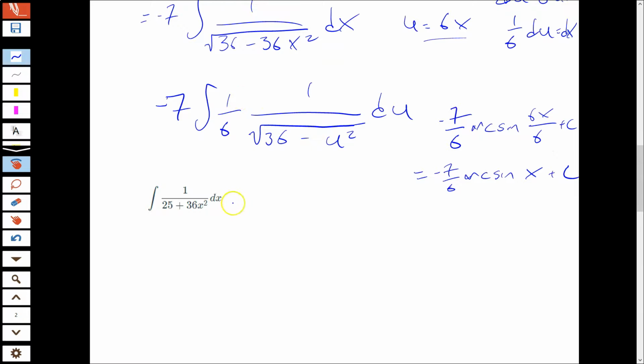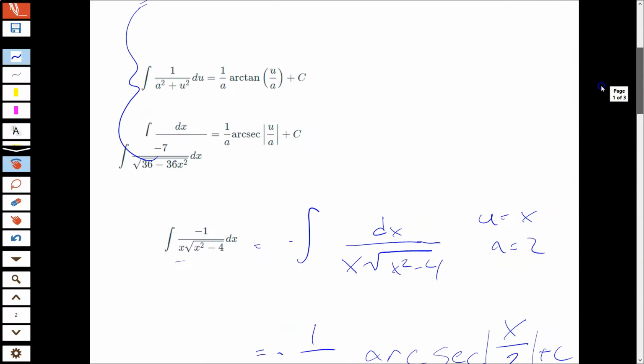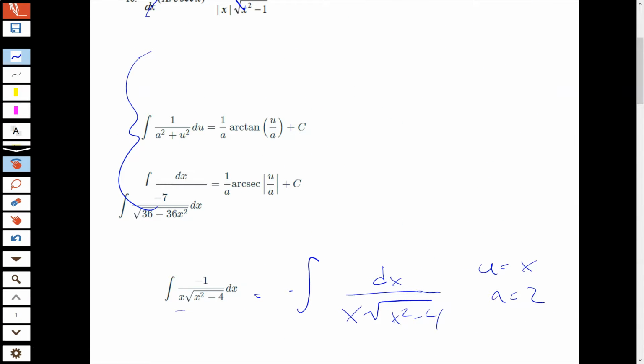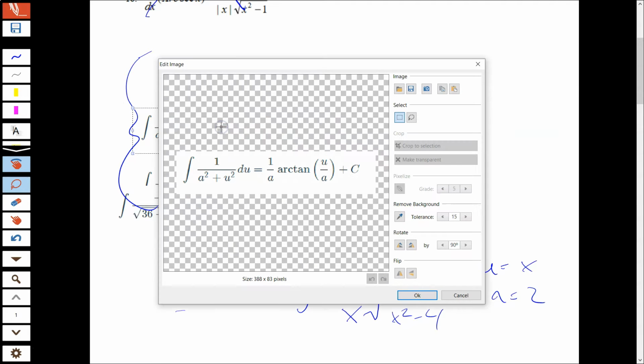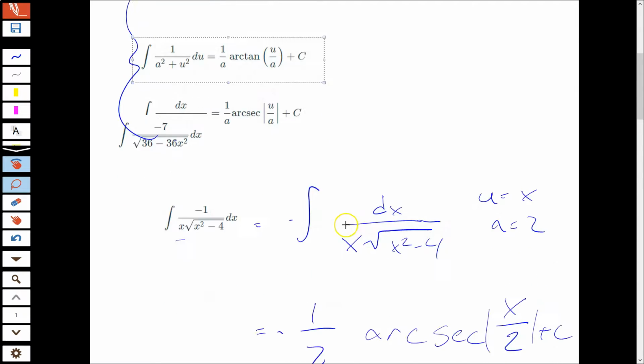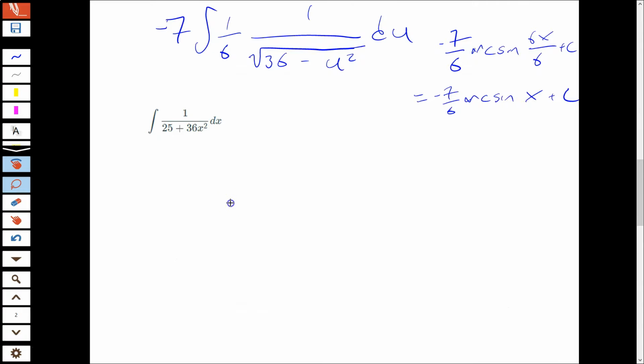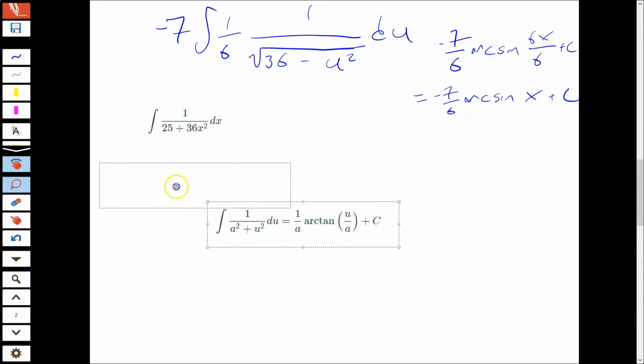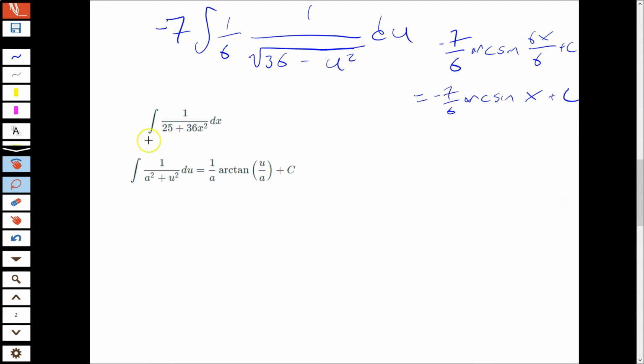So my last one's going to be a tangent. I know that by looking at my rule. Arctangent is the only one without a square root in it. I'll bring this down so we can look at it. Okay, so here's my derivative rule.